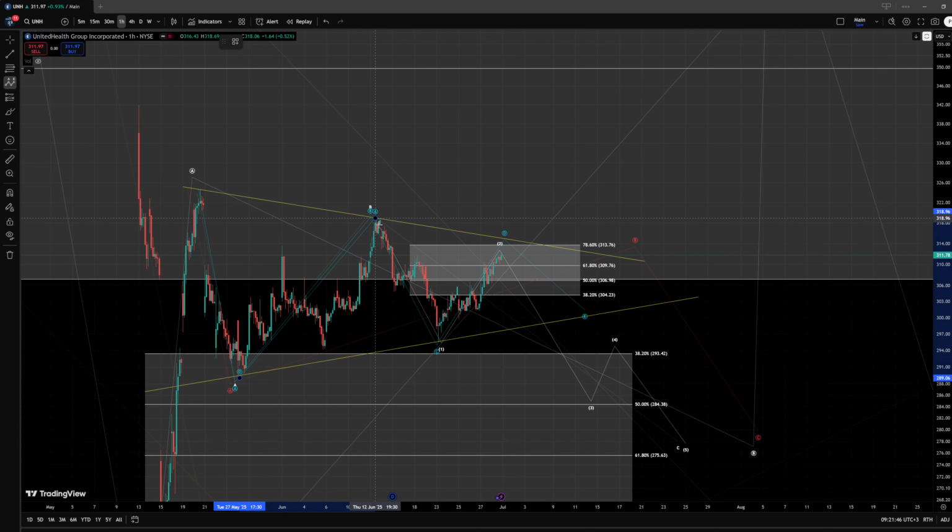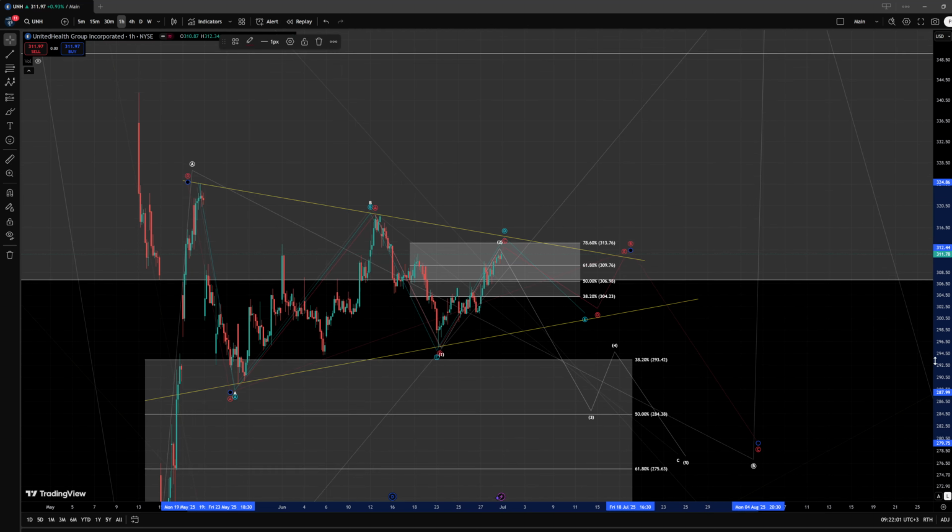So in A, B, C, D, E, and this would be in red. And as you can see, in this case, the E wave ends on the opposite side, and we would then break to the downside in wave C.